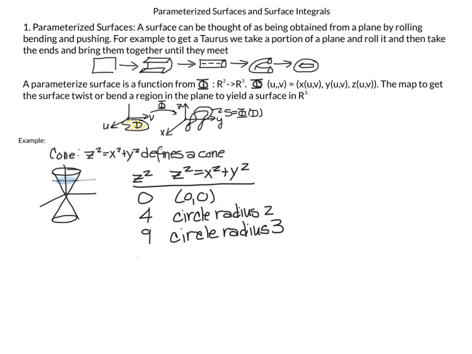I didn't mean to fill in the inside. It's just the circle of radius 2. Then when we have z squared equals 9, as we go up higher, then we have x squared plus y squared is equal to 9. So we have this circle over here of radius 3. Similarly, we can do the same thing for negative values of z, and we'll get the upside down cone.